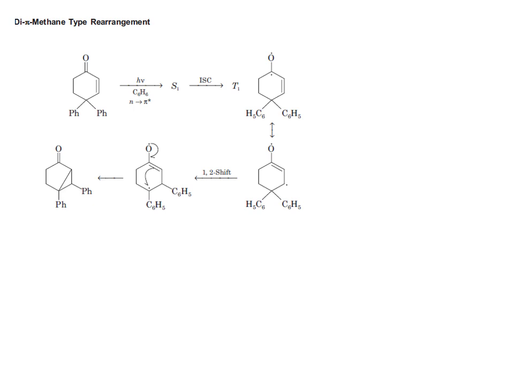This is the picture of the triplet excited state, that is the carbonyl radical. We can see it is actually a diradical. It converts into this structure where the radical is generated at the C3 position. Then it comes back again here and this transfers here. So we get a final product, that is a di-pi-methane type of rearrangement.